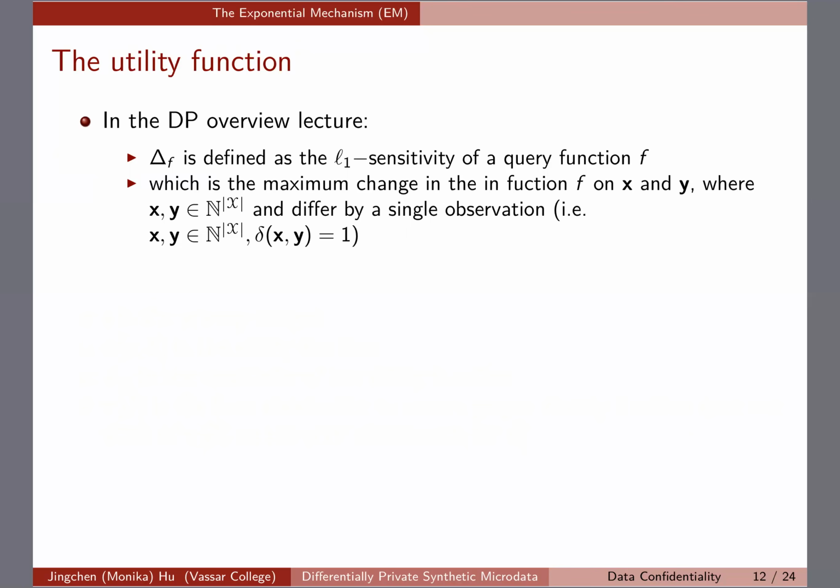If you remember this notation, this is the Hamming distance, and we're talking about Hamming 1, meaning that X and Y differ by only 1 record. So that's what we defined before.